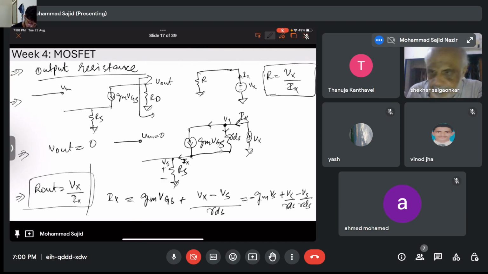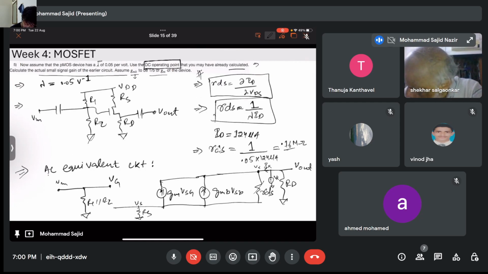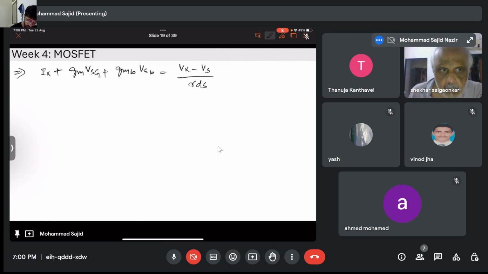Is it correct? Can you please check? Ix is coming inwards. These two currents are coming inwards, and this I have denoted like this. So it's correct, right? Yes, sir. Okay. So this will be Ix plus Gm Vs, because this term will be equivalent to 0.